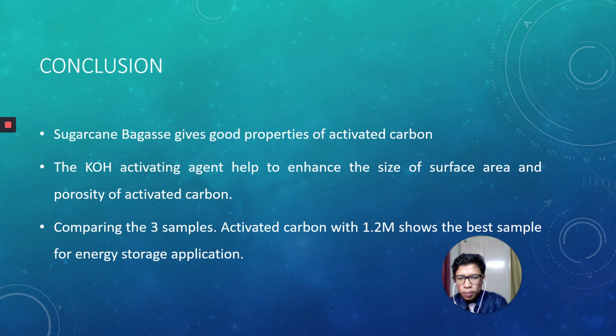Lastly, after comparing the three samples, it has been shown that the activated carbon with 1.2 molarity shows the best sample for energy storage application. So that's all for my presentation. Thank you.